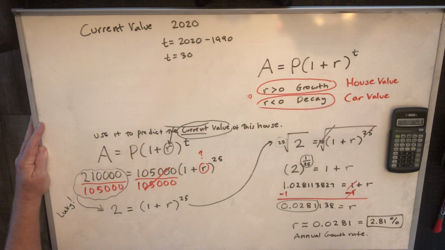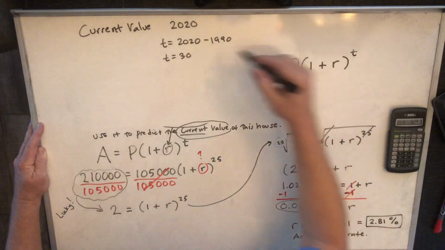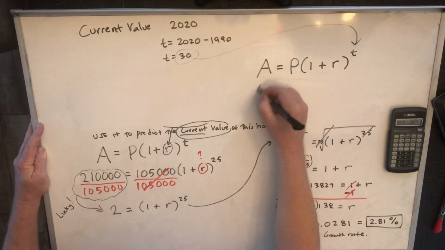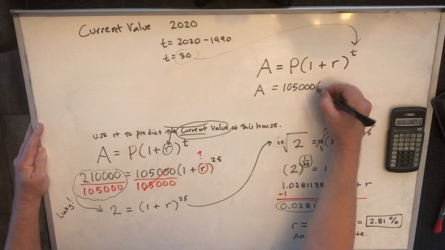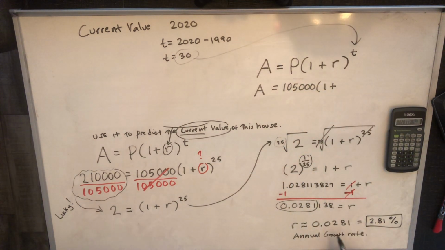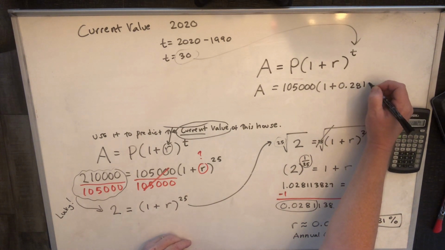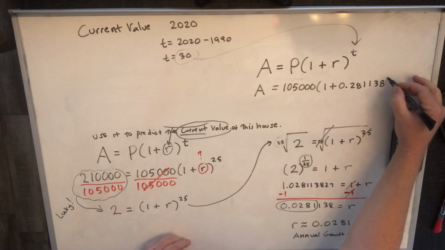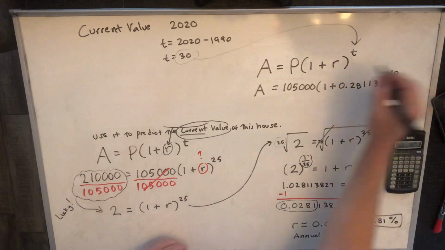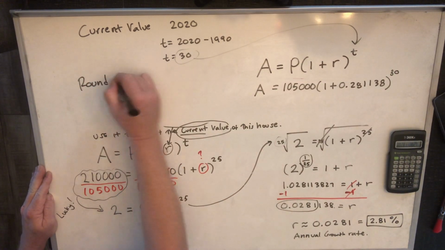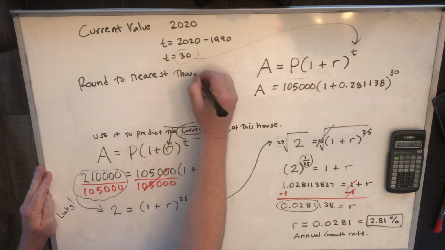So that's going to be 30 years. We're going to plug in 30 years. Remember, we bought the house for $105,000. Plug in your growth rate, 0.0281138. The more decimals you use, the more accurate your answer is going to be. To the 30th power. And for this example, let's round to the nearest $1,000.